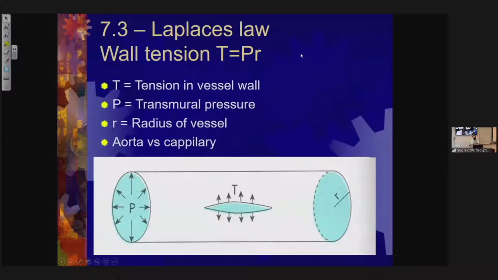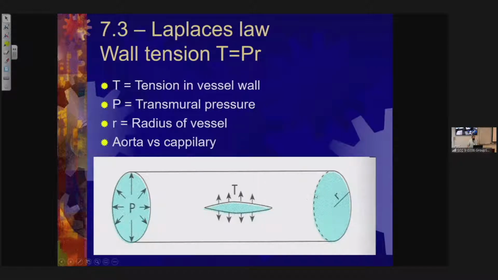This is an interesting law of physics, and it relates to big vessels and small vessels. It relates to all vessels, but it talks about how much stress is in the wall of the vessel. It's called Laplace's law of wall tension, and the tension equals the pressure times the radius. So if you have an aorta under 100 millimeters of mercury of pressure, there's a large radius. So 100 times a large radius puts a lot of tension.